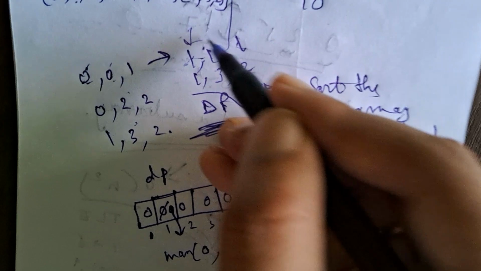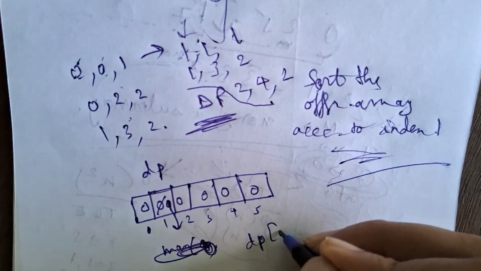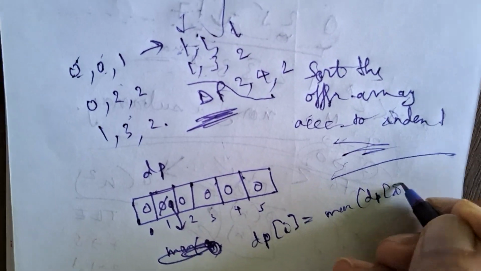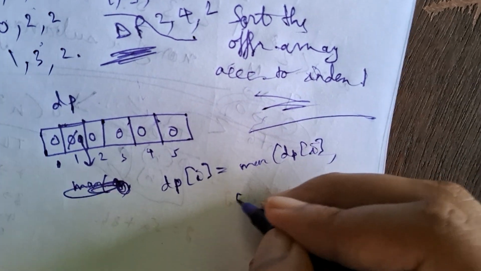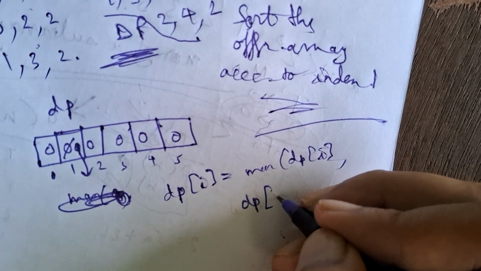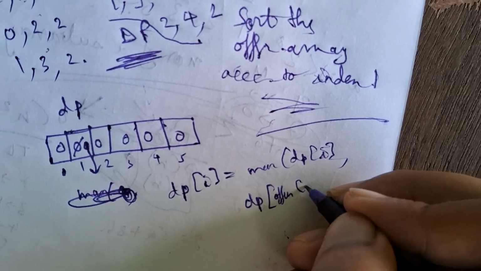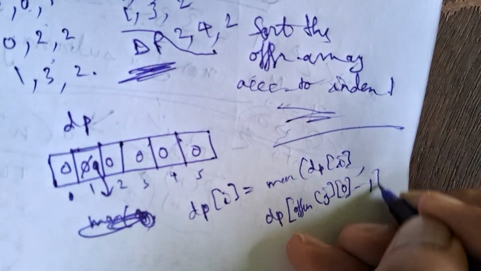The formula is: dp[i] is equal to the maximum of dp[i], because if dp[i] is already maximum, you don't need to rewrite it. That is basically what we do in DP. And dp[offer[j][0] minus 1].